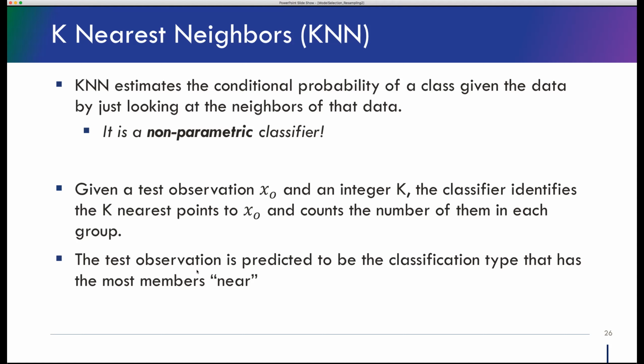The test observation is predicted to be the classification type that has the most members nearby. So we take k of its nearest points, find k neighbors to this x0, and count what most of those k neighbors belong to. Then we predict the test observation x0 to be that class.